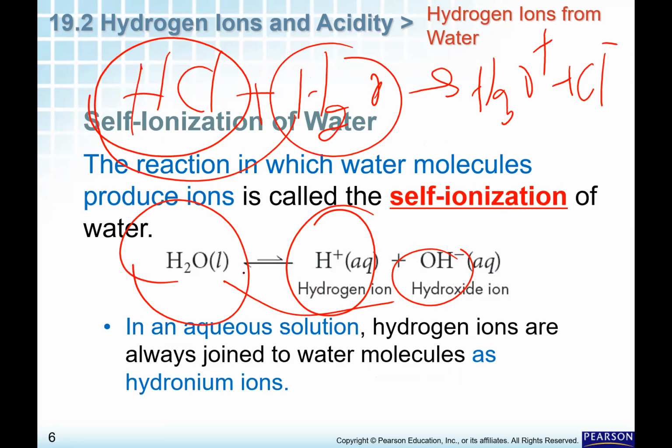You see these arrows going back and forth. Yes, one of them is longer than the other, which means the reaction is pushed toward the water molecule rather than the ions. But that is a kind of equilibrium. Equilibrium means that the forward and the backward reaction can occur at any time.